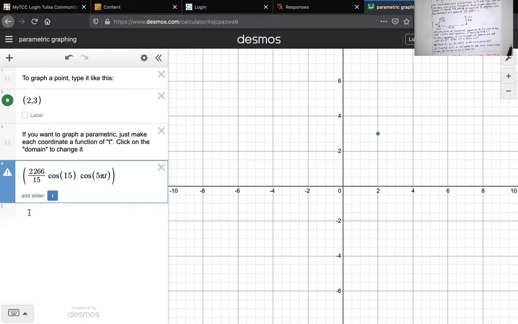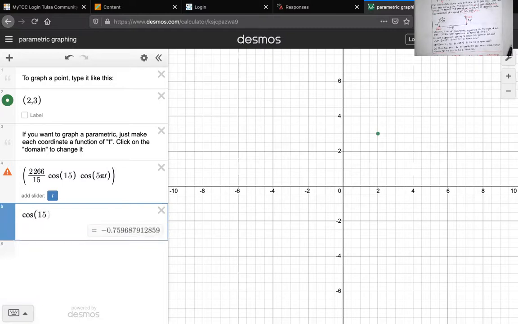And I wonder how it takes that cosine of 15 degrees. I wonder if you have to convert first. Well, just to be safe, let's multiply by the right conversion factor.